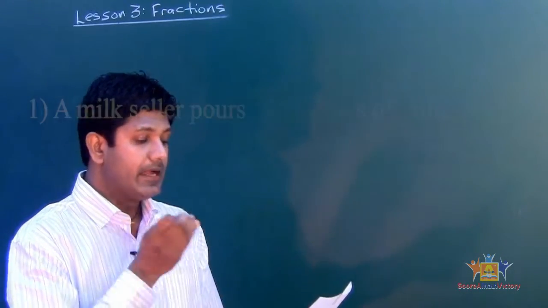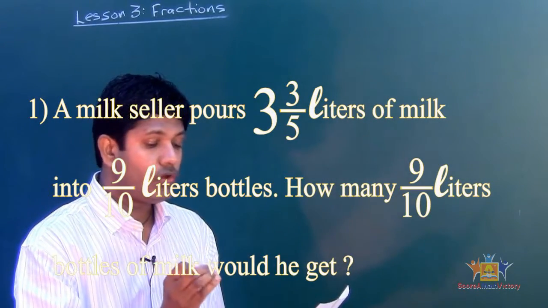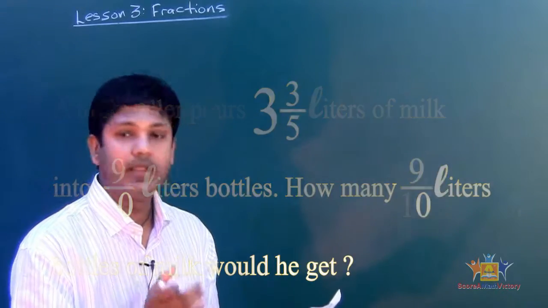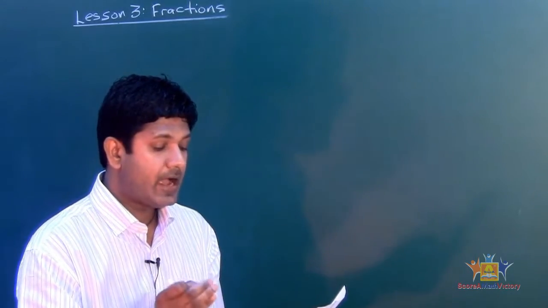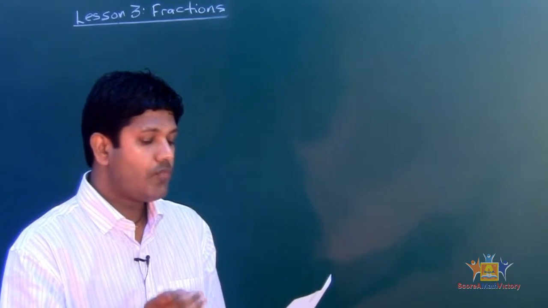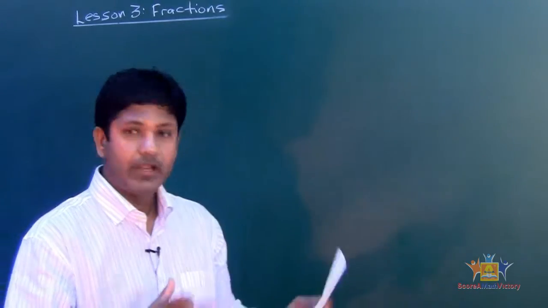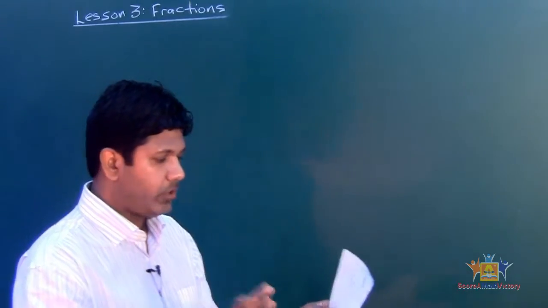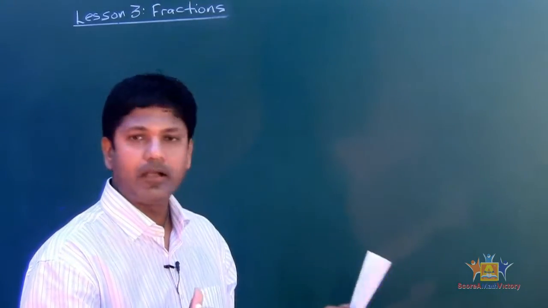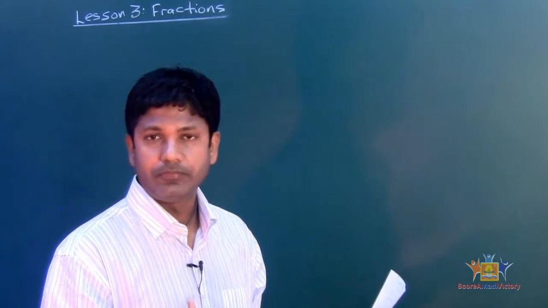We are given: a milk seller pours 3 3/5 liters of milk into 9/10 liter bottles. How many 9/10 liter bottles of milk would we get? So in other words, the milk seller has, let's say, a big bucket full of 3 3/5 liters of milk.